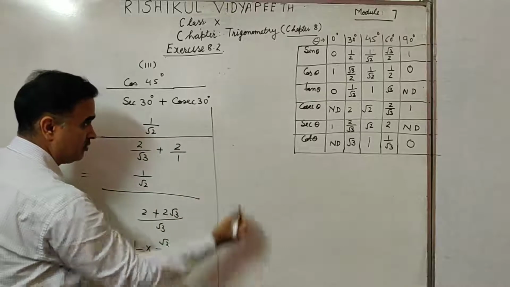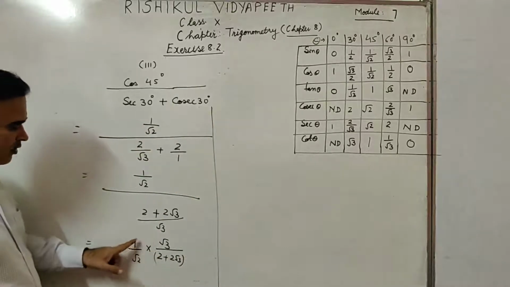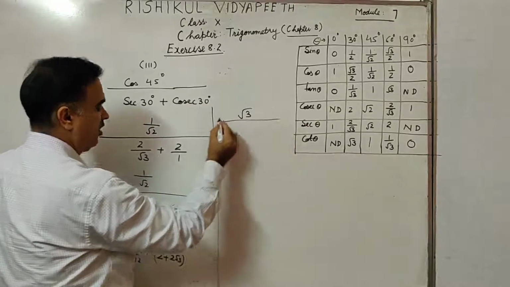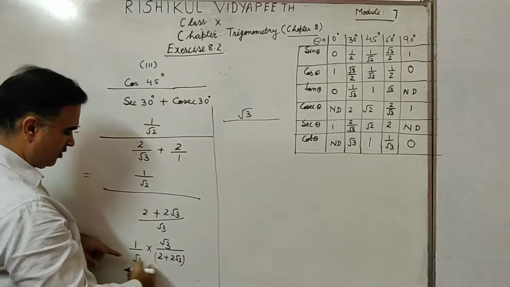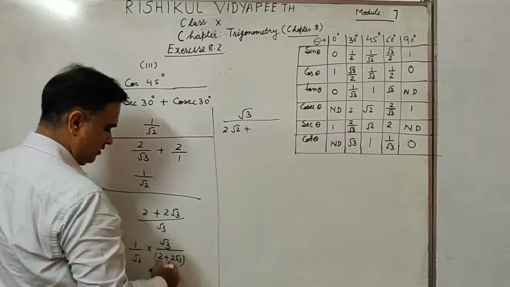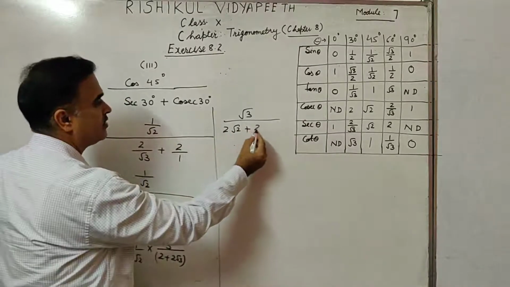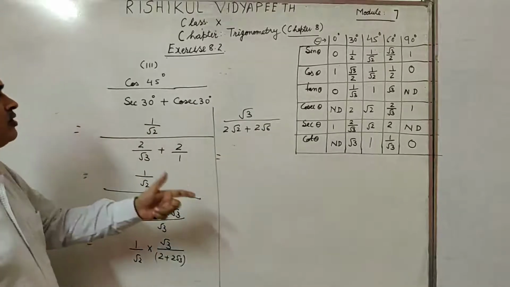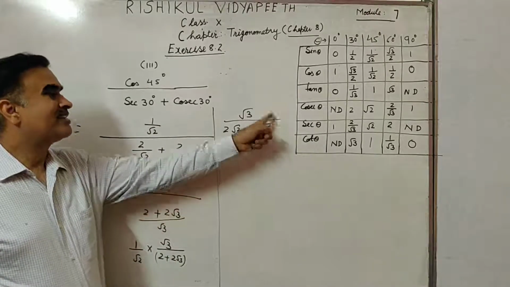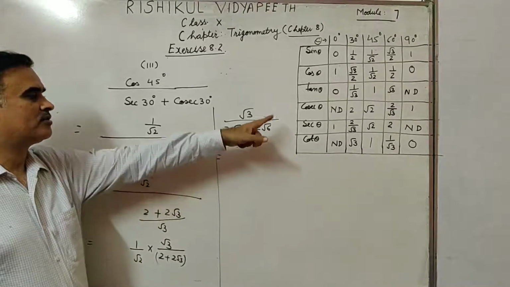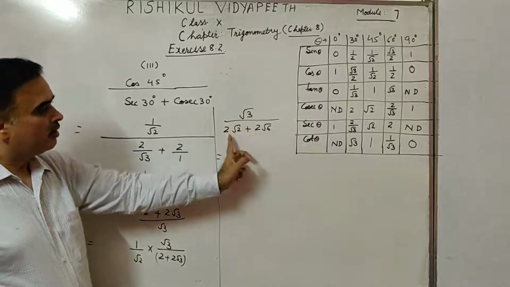From here, root 3 into 1 is root 3 upon. If we multiply this, what we got? 2 root 2 plus 2 root 6. Now, if you further simplify it, you have to rationalize. And you know how to rationalize. If it is plus, then you change to the conjugate.